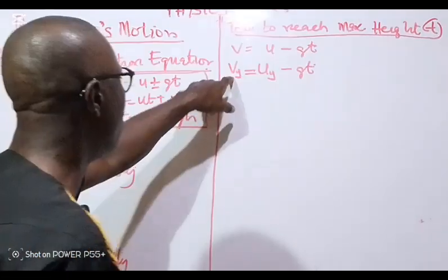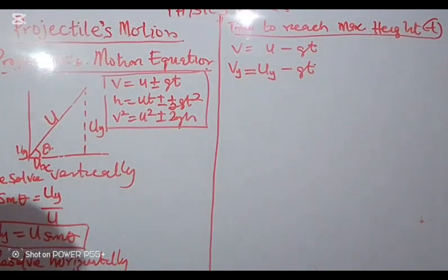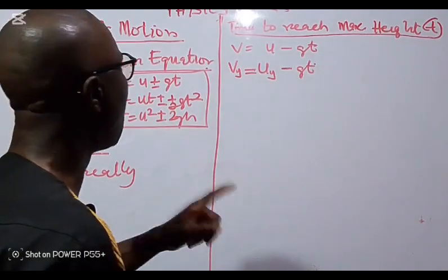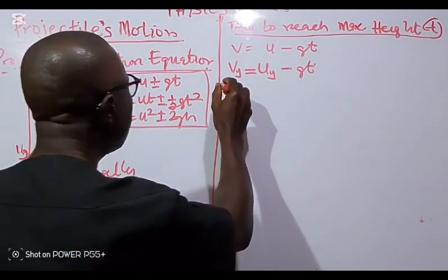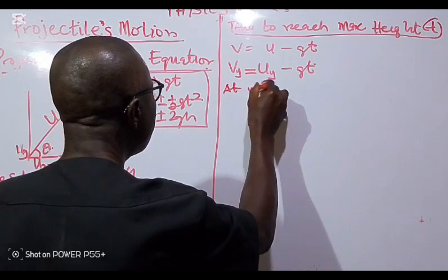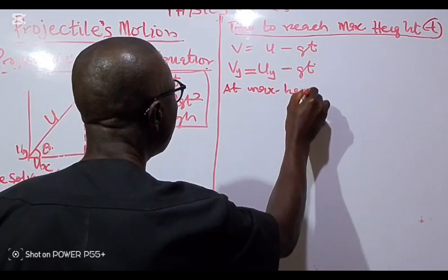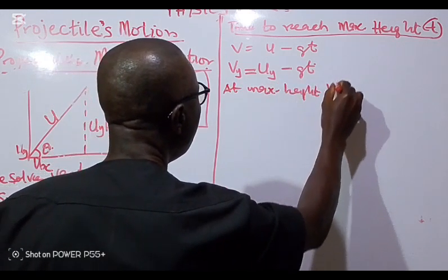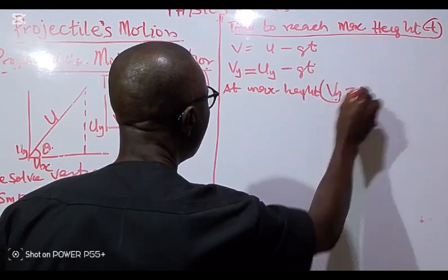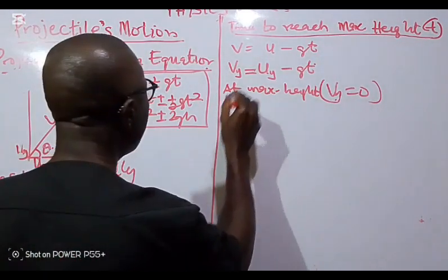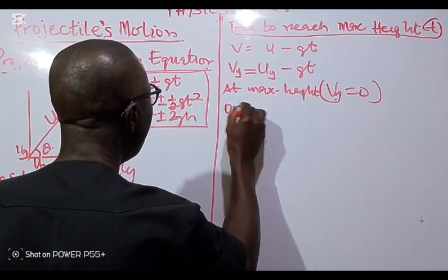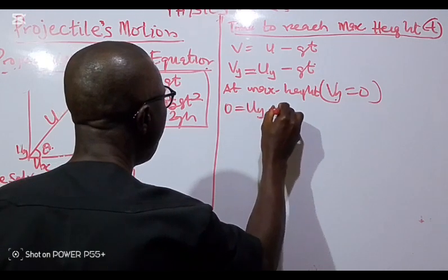But don't forget what we have done under motion under gravity, that at maximum height, Vy will be equal to 0. If Vy is equal to 0, then we are going to have 0 is equal to Uy minus gT.